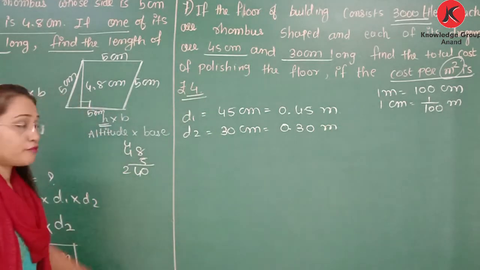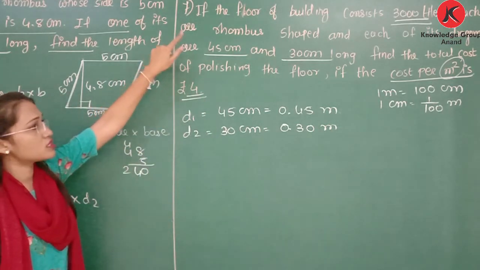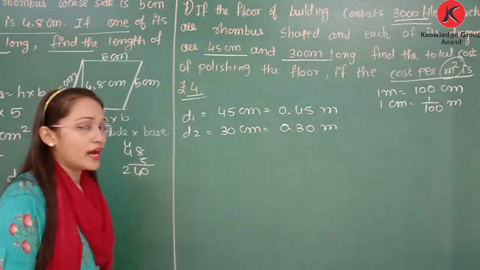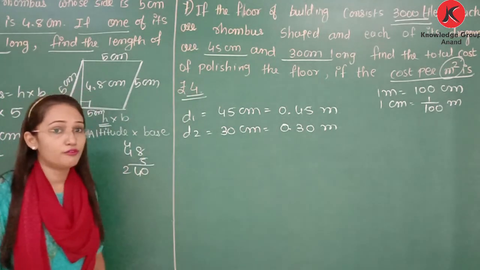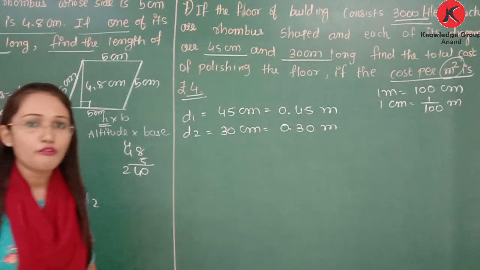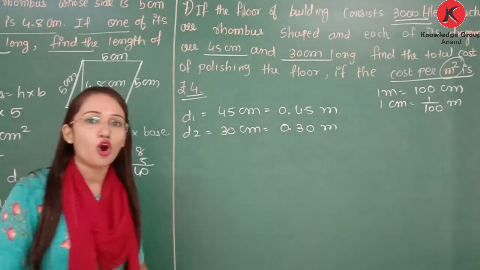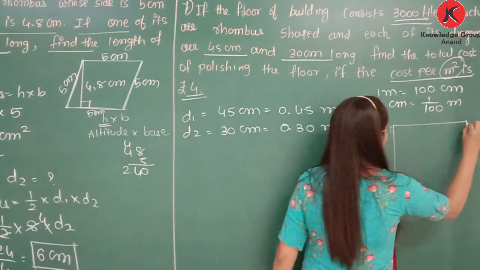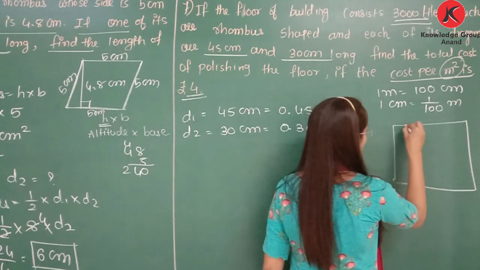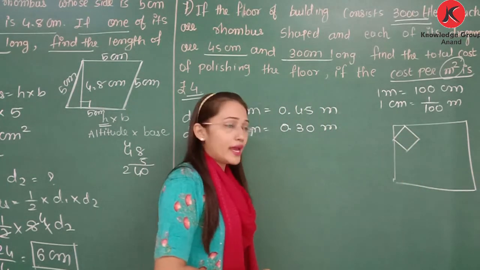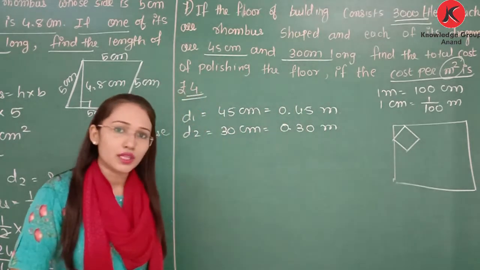Now first we will find the area of a rhombus shaped tile, because there is one floor, and the shape of the tiles is rhombus. So first of all we will find the area occupied by one tile. If we consider this as a room, then first of all we need to find the area occupied by these tiles. Then how many tiles are there? 3000.